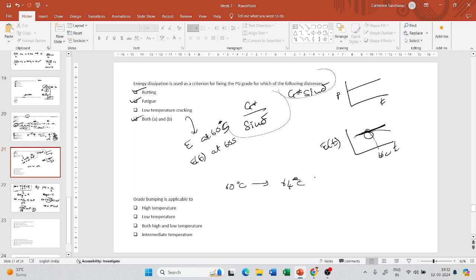Now this is assuming that all the vehicles in that location travel at a speed of 90 kmph, 90 kilometers per hour. Now if the speed of the vehicles in this location is different than 90, okay, especially when it is lower, since my material is viscoelastic, it will be prone to even more rutting.